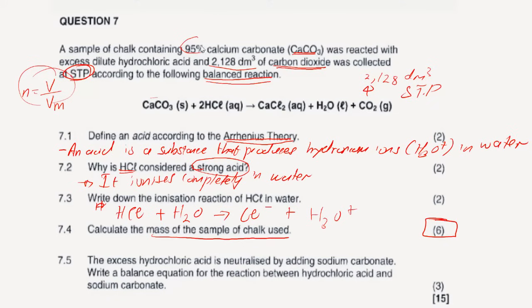So they just told us that 95% of this chalk was calcium carbonate. We do not have the formula for the chalk, but we do have the formula for calcium carbonate, so we can make use of that. But remember, the mass that we are going to find from here will only be representing 95% of the chalk, because, as we can read here, a sample of chalk containing 95% calcium carbonate.